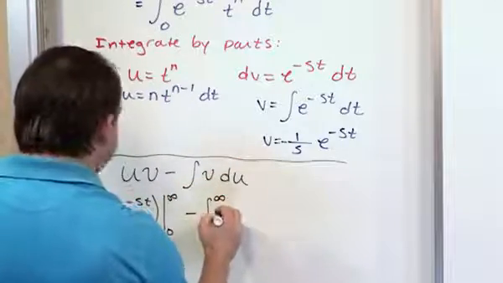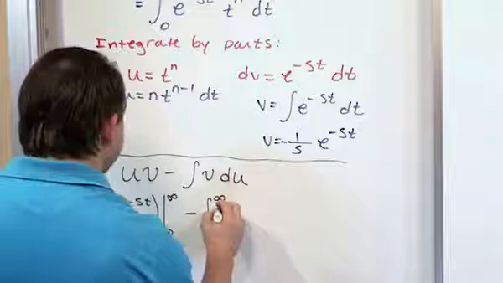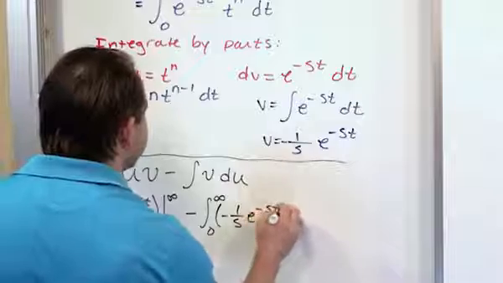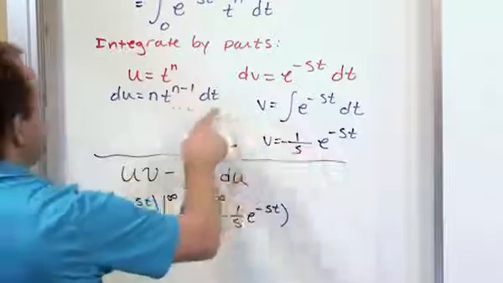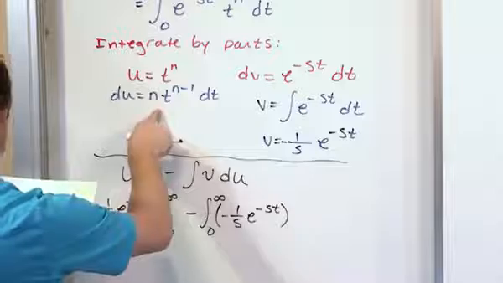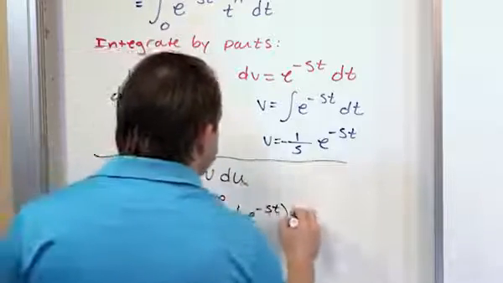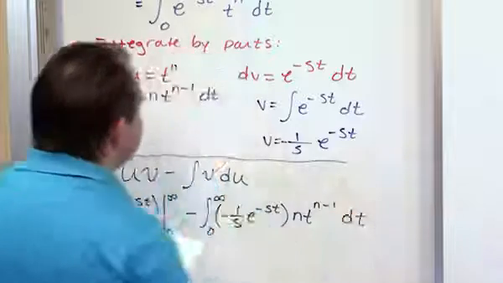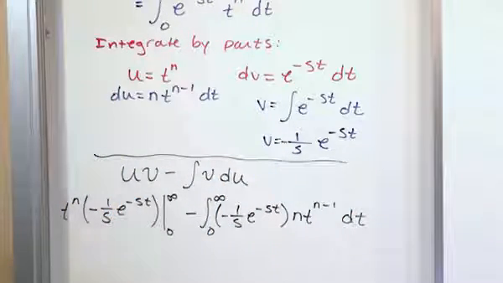So I'm going to write this as negative 1 over s e to the minus st, right? That's what v is. Du, which is this part here, will be n times t to the n minus 1 dt.